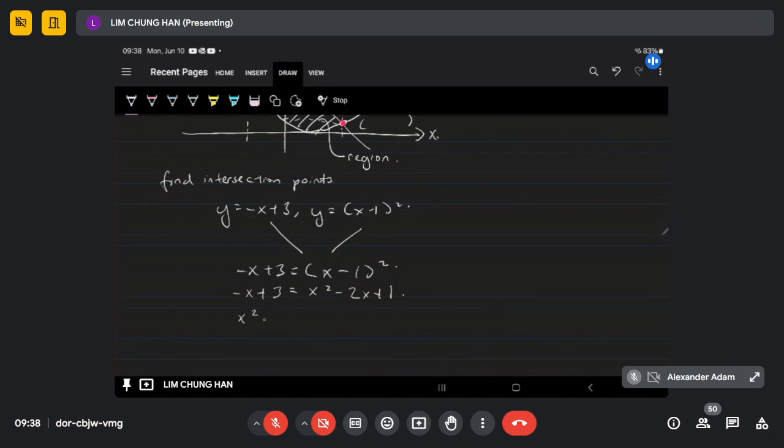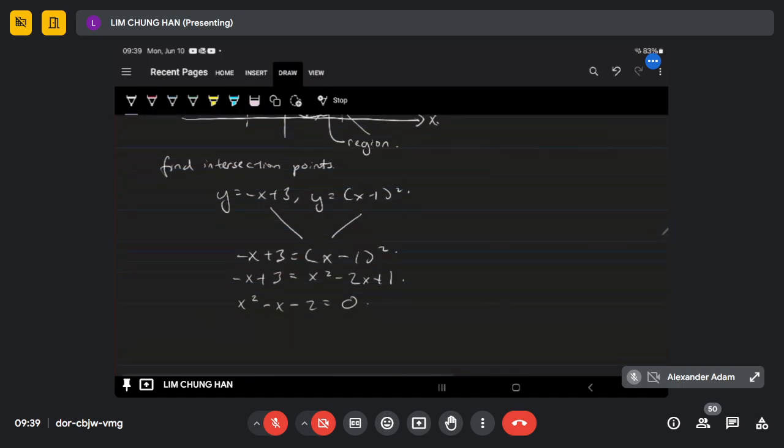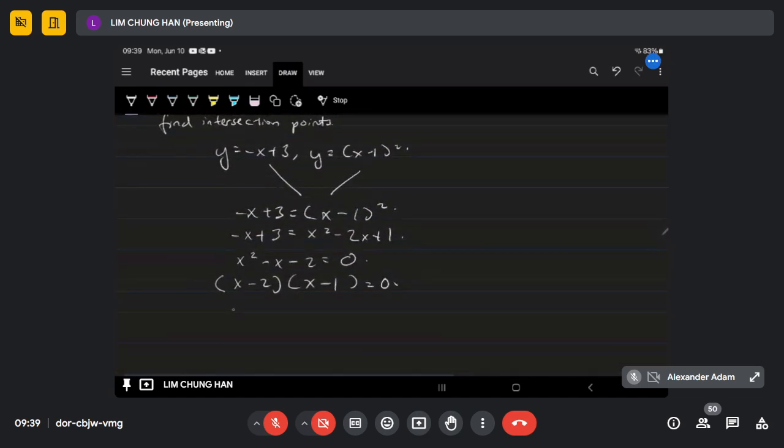So x squared minus x minus 2 equals 0. So (x minus 2)(x plus 1) equals 0. Therefore, x equals 2 or negative 1. One of them has to be negative.